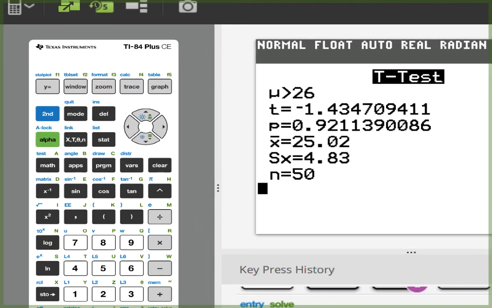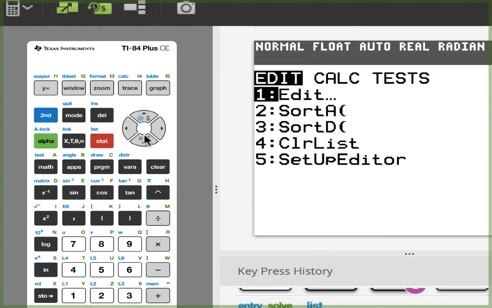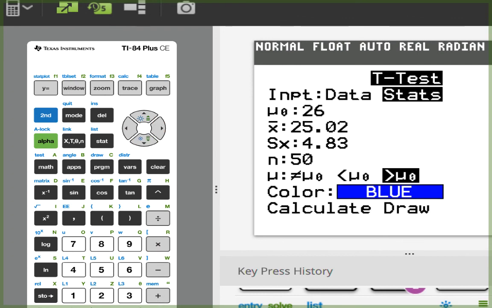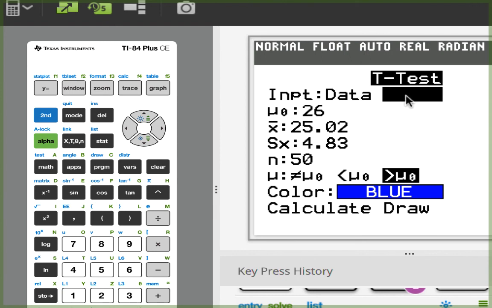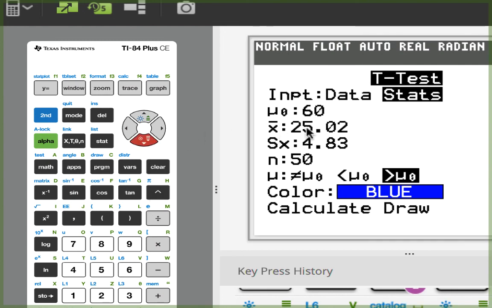So we're going to do this t-test. The first thing we're going to do is click on stats, take the cursor to test, then take the cursor to number 2, press enter. The stats should be highlighted. Now mu0 is the hypothesized value. It is 60. Now the sample mean came out to be what?